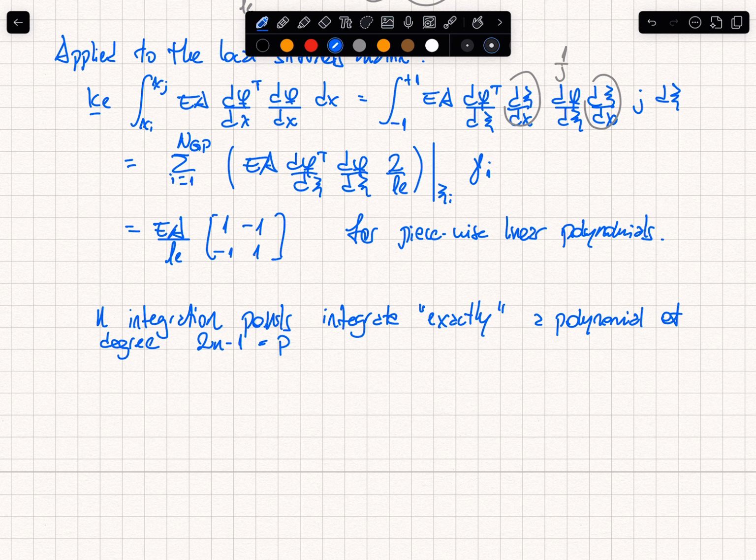That's a polynomial order. So for instance, if I have a linear polynomial, how many Gauss points do I need to integrate it? One point. If I plug in 1, then I have 2 minus 1, 1. If I have a cubic polynomial, how many points do I need?